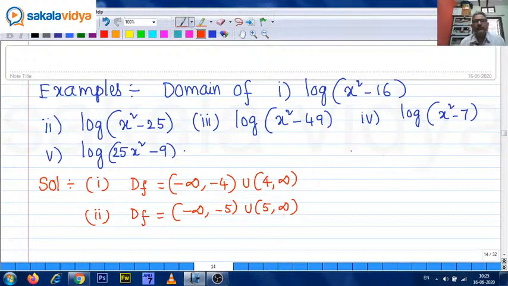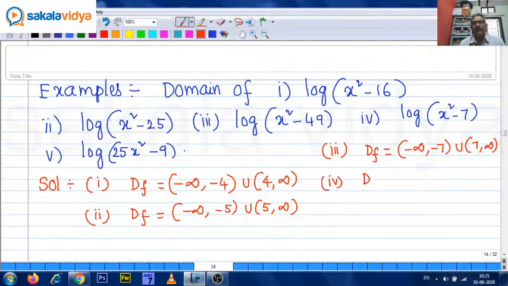Third, minus infinity to minus 7 union 7 to infinity. Fourth, minus infinity to minus root 7 union root 7 to infinity.